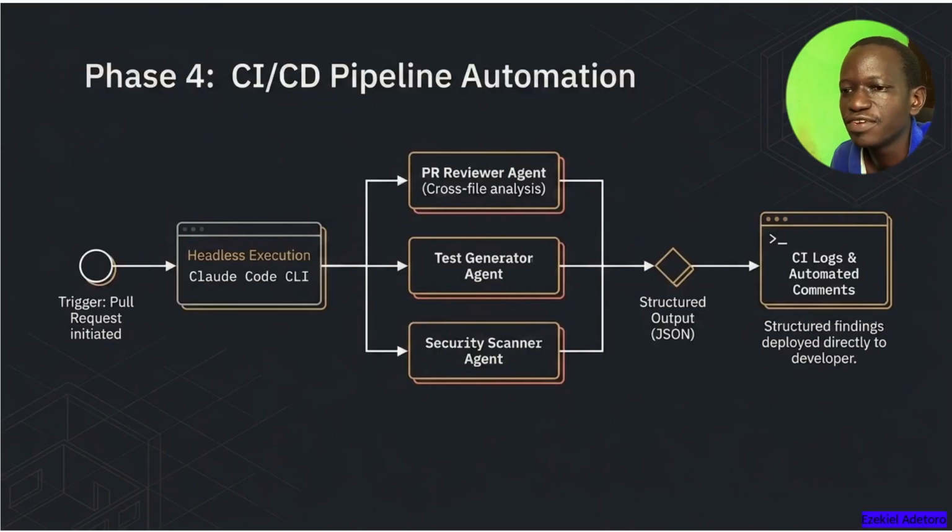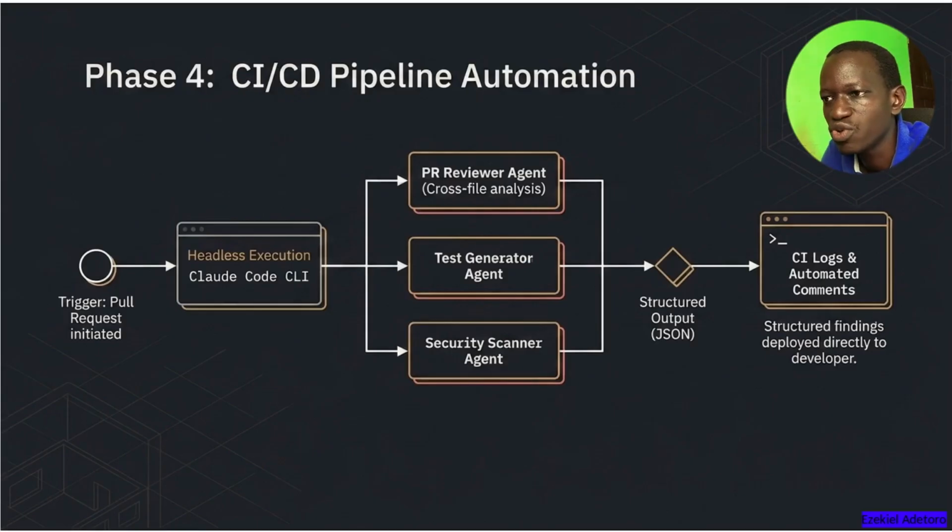And also in phase 4, we look at the CI/CD pipeline automation. That's headless execution, Claude Code CLI, then trigger, pull request initiated, test generator, security scanner, peer review agent. So an automation workflow, which is a CI/CD pipeline automation.